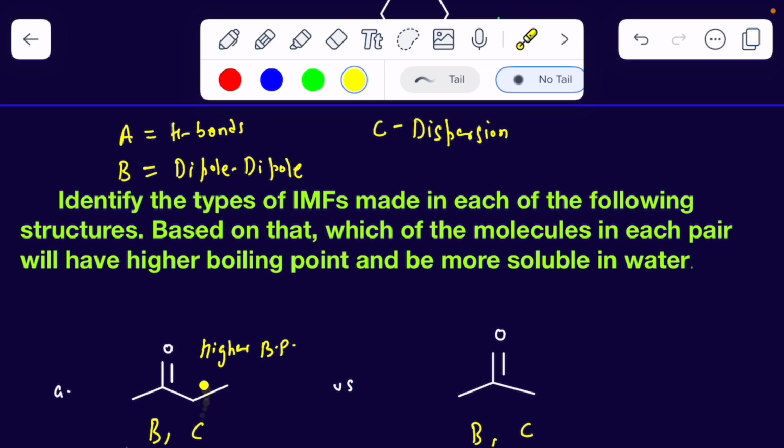Both cannot make hydrogen bonds, but both are making dipole-dipoles. So what's the third criterion? To dissolve something in water, you want to make sure it's making the least amount of dispersion forces. The compound on the right side makes less dispersion forces, so it would have a relatively higher solubility in water.